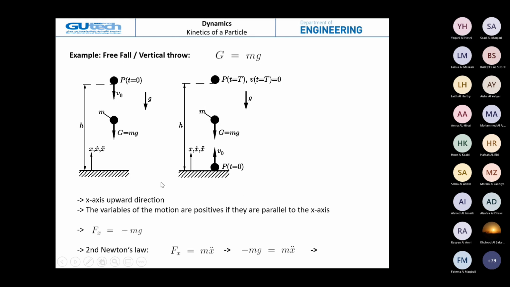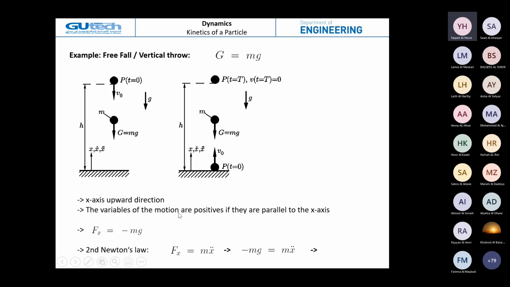Now if we take the coordinate system here, it's opposite to the motion, but for the vertical throw, the coordinate system x is in the same direction as the motion.